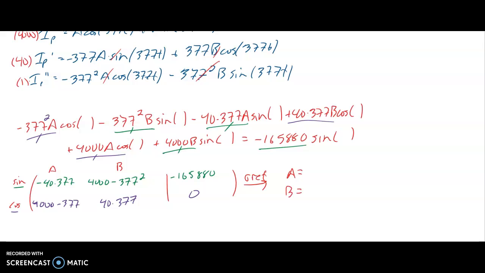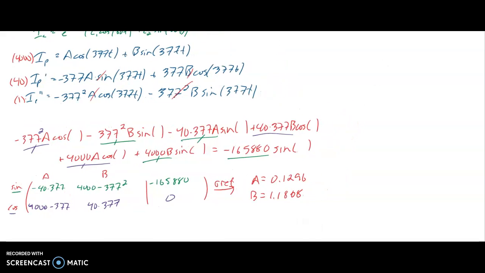All right, my A in this case is 0.1296, and my B is 1.1868. And that tells me what my undetermined coefficients are. So here's A, here's B.